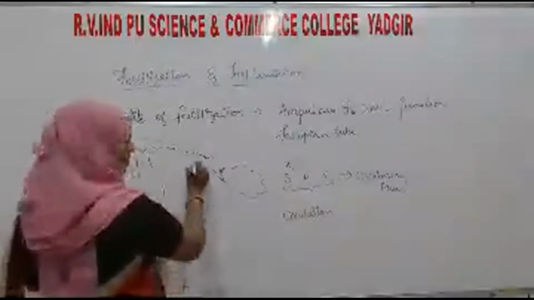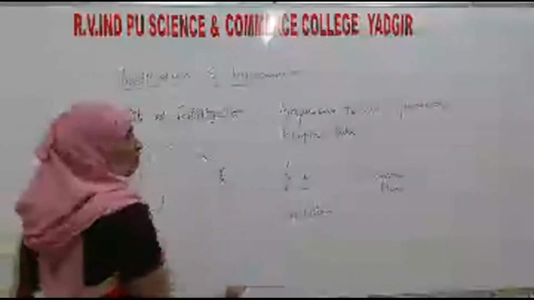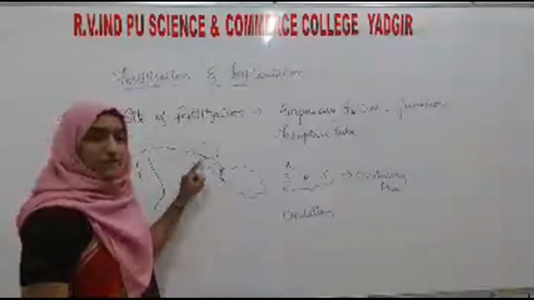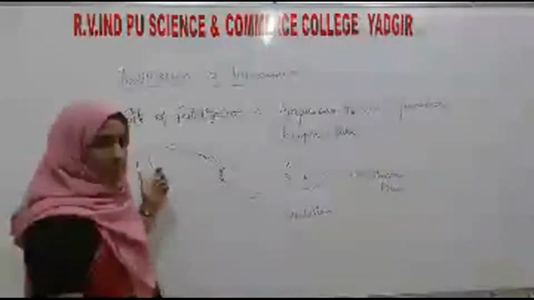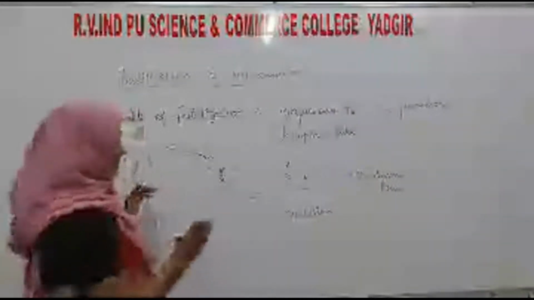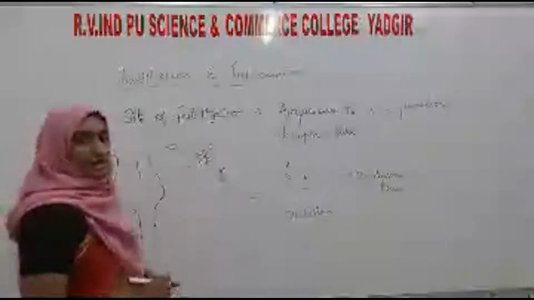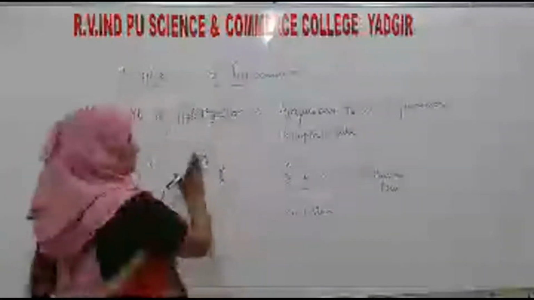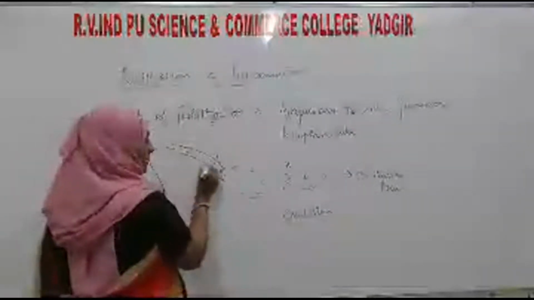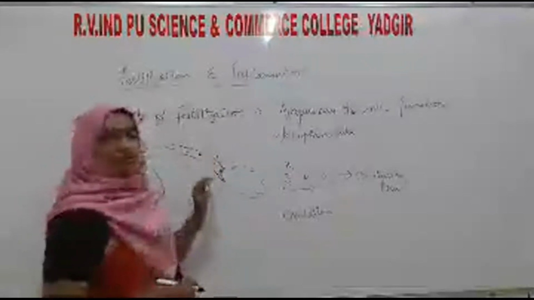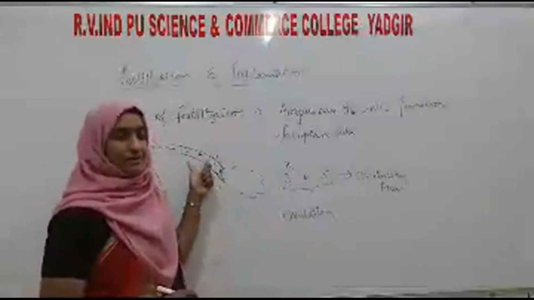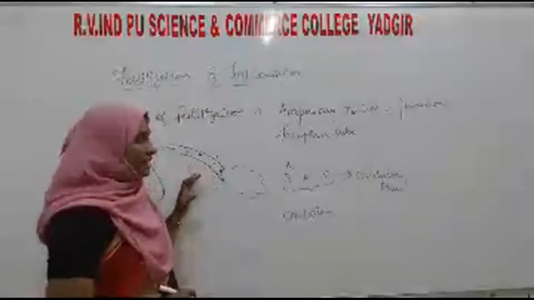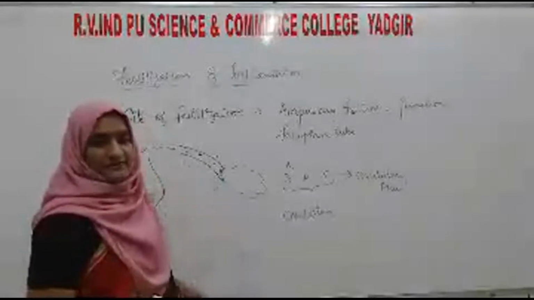If sperms are released at different times and ova is released at different times, there will be no fertilization. And the ova should be at this region only, the ampullary isthmic junction, or else in the fallopian tube, then only fertilization will take place. That fertilization will lead to pregnancy.